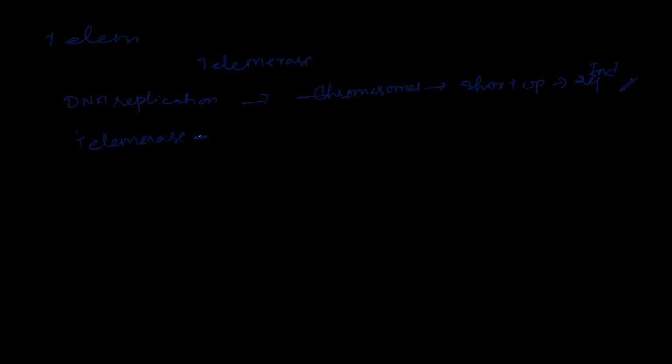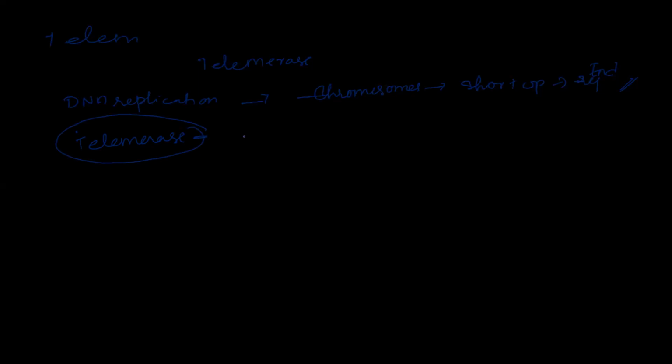That is, the genes responsible for this enzyme are not expressed, so it will be absent. But when a normal cell changes to a cancerous cell, it helps those genes get expressed, and as a result, the enzyme telomerase will be produced.